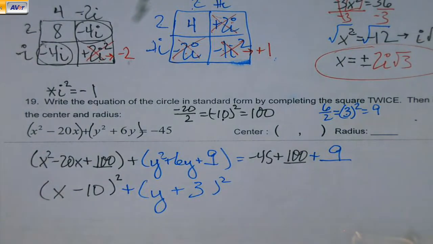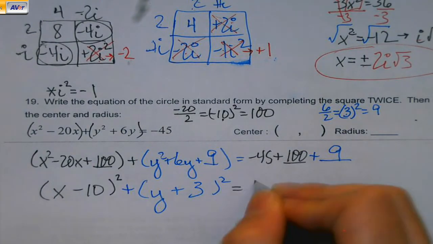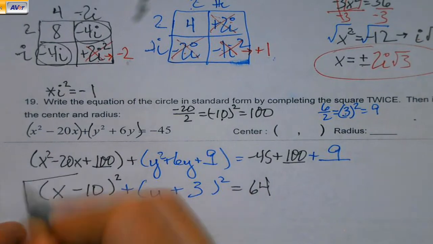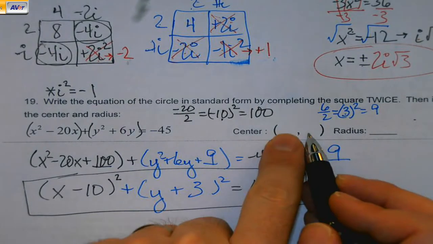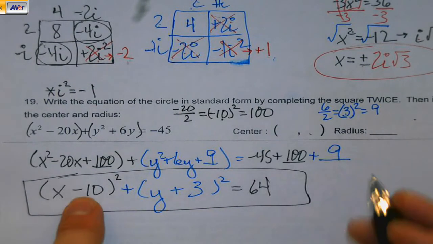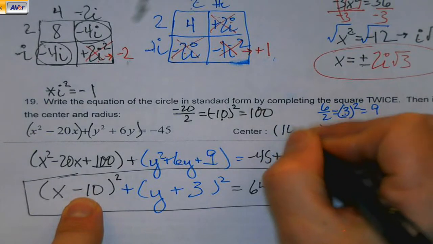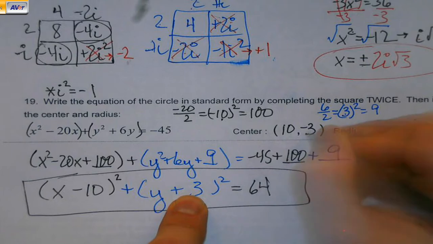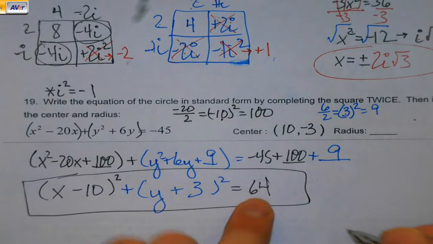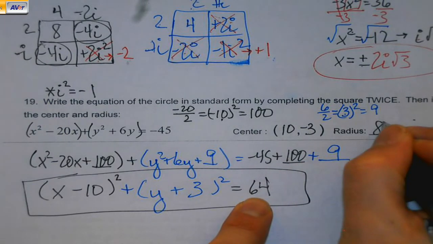And over here, we just add them up. There, ladies and gentlemen, is your standard form of a circle. My center, remember, is the opposite of h, the opposite of k, and my radius is the square root of my answer.